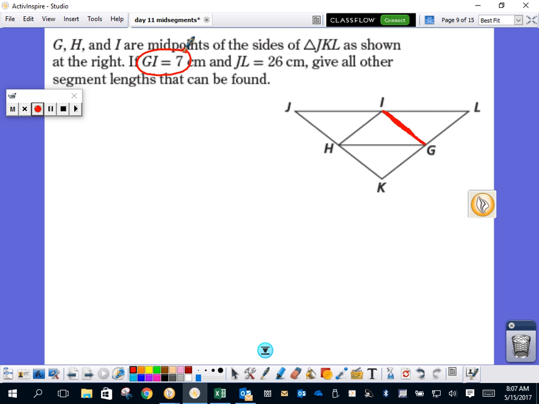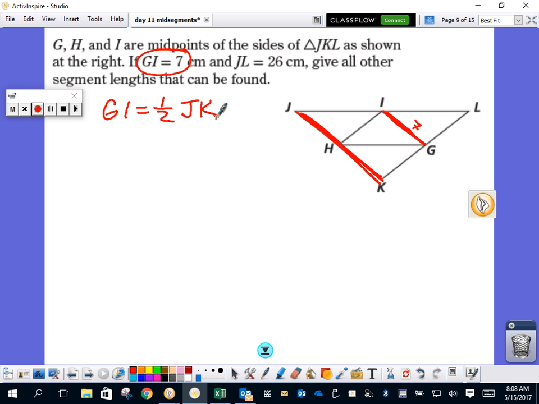What is the big side that goes with GI? So those probably should be highlighted the same color. GI equals 1/2 what side? JK.